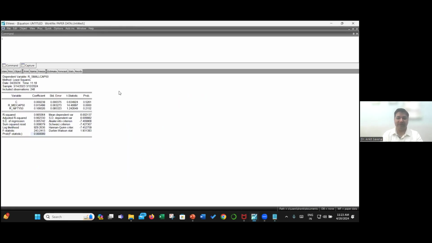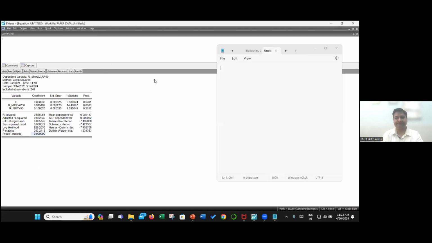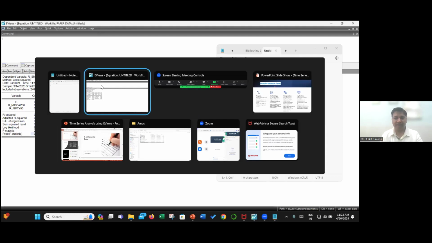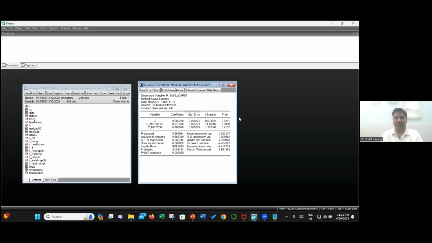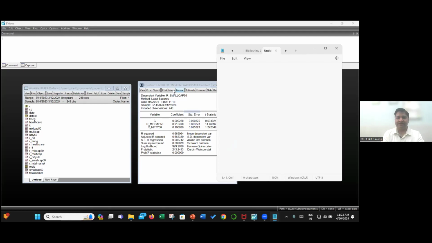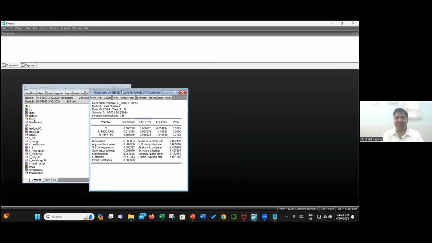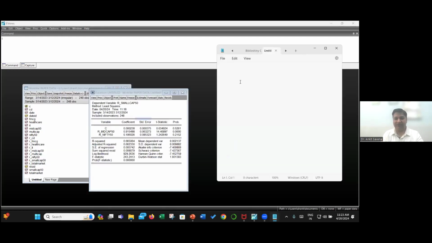The regression equation that we are getting here is this, and if I want to write a quick interpretation for this model, how will I proceed?